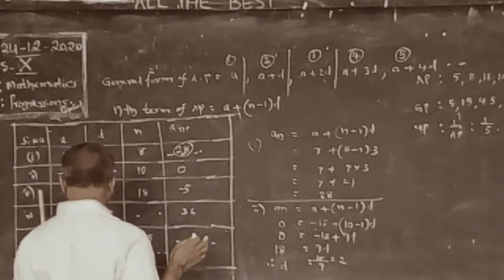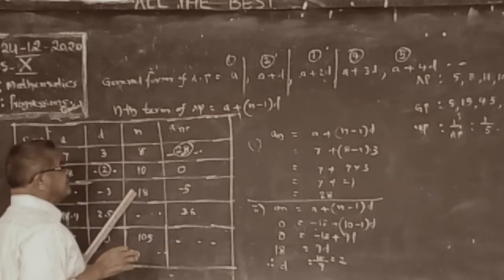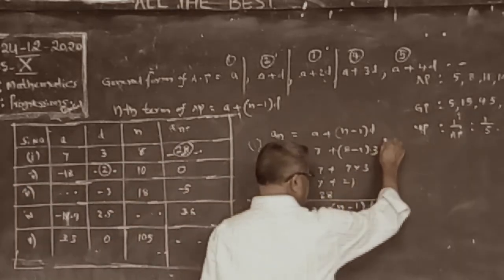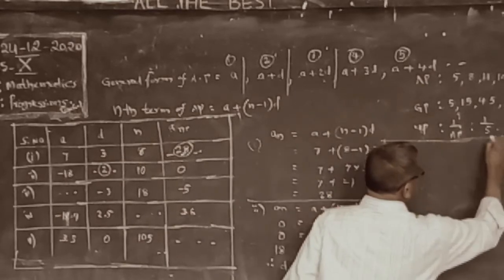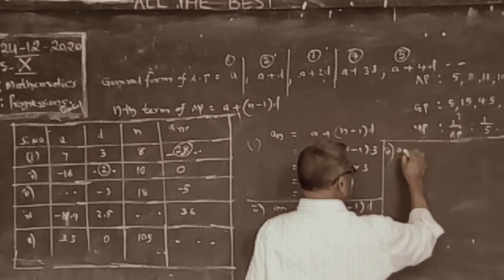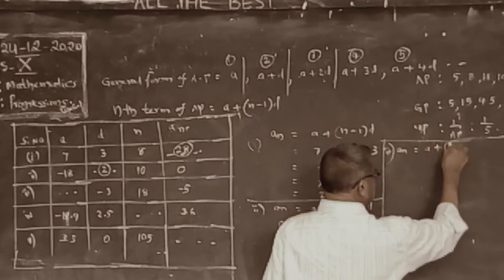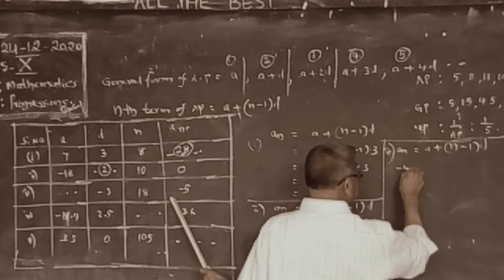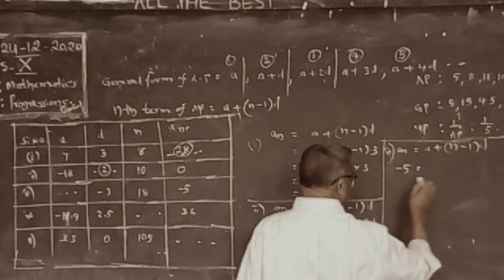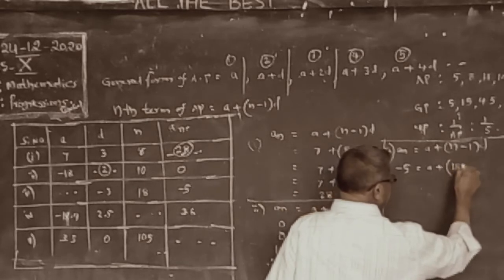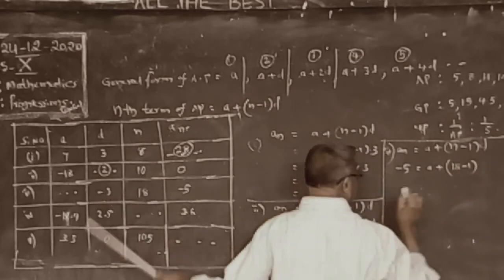Okay, third question. First term is not given. D is given as minus 3, N is 18, and the 18th term is given as minus 5. Apply the same formula: An is equal to A plus n minus 1 of D. The nth term is minus 5, A we have to find, n is 18, so 18 minus 1, D is minus 3.